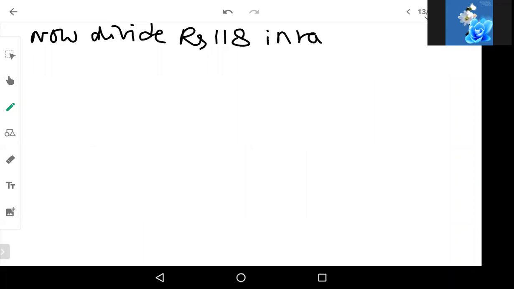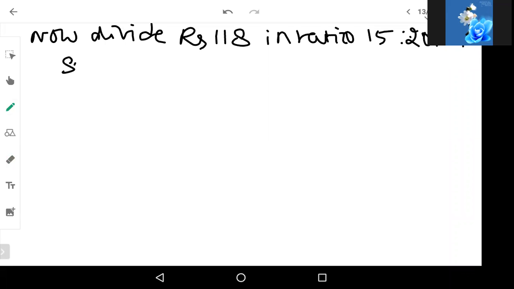Now let us divide the amount. Divide rupees 118 in the ratio 15 is to 20 is to 24.